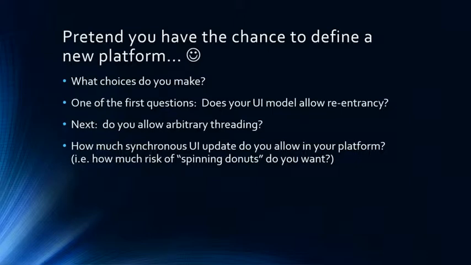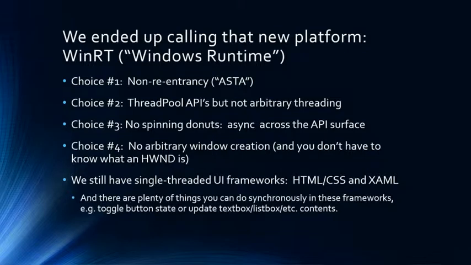I think many of you have used Windows, and so you've seen the spinning hourglass or the spinning donut. And so you know what the penalty is for screwing up and doing stuff that takes too long on the UI thread. And so one of the very important things that we decided we wanted to do was make sure that we created responsiveness in the system. And so we called that WinRT.